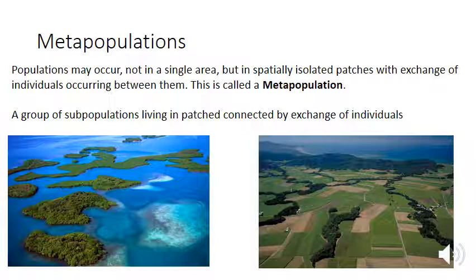These metapopulations might occur because subpopulations occur naturally in areas like groups of islands. These are mangrove islands that you can see on the left. But those separated subpopulations might also occur because of elements of human disturbance.